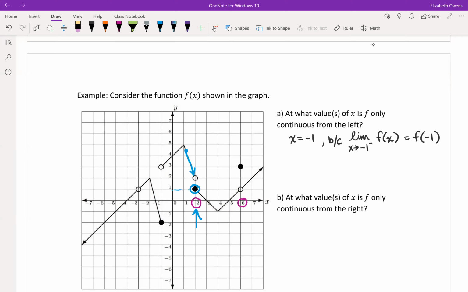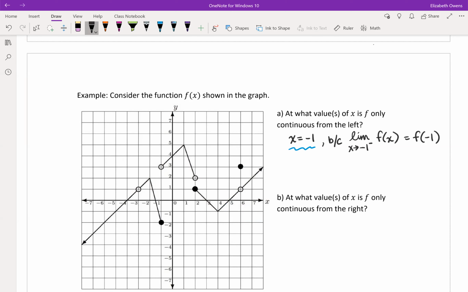So not left-hand continuous there. And then our last point, x equals 6, start to the left and approach. Well, we don't hit a function value. There's kind of no way we could have. The function value is all the way up here. So no left-hand continuity there either. Okay, so it's just x equals -1 for that.